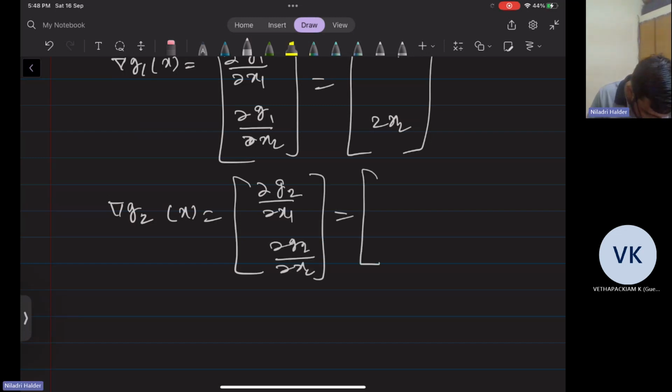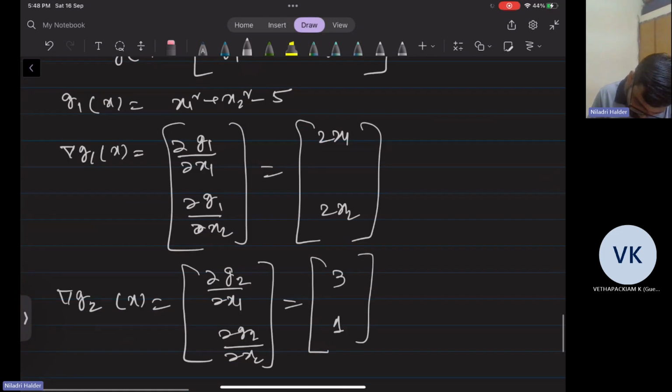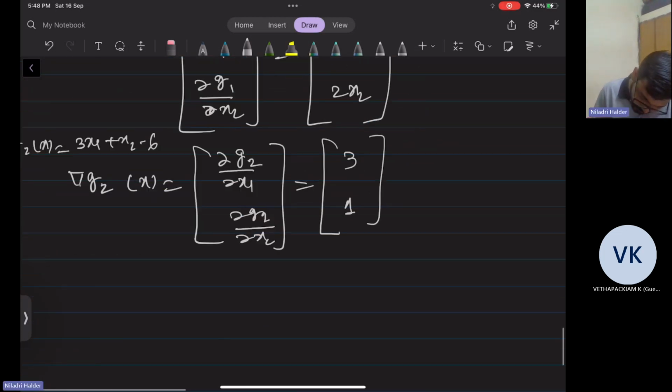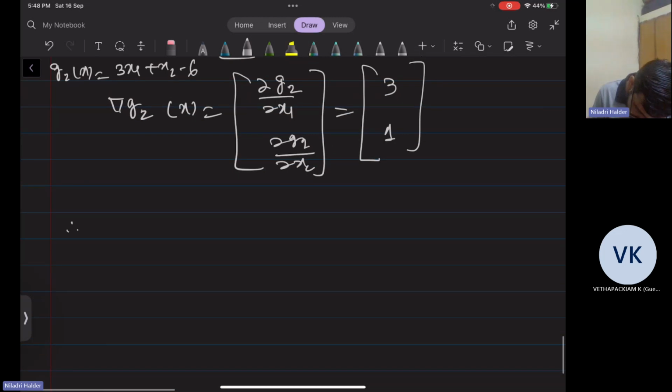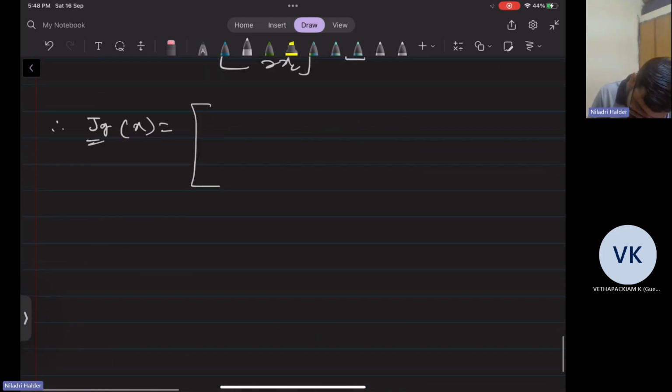It is equal to 3 and 1. Correct? 3x1 plus x2, right? So Jg of x is equal to gradient of g1, then gradient of g2.